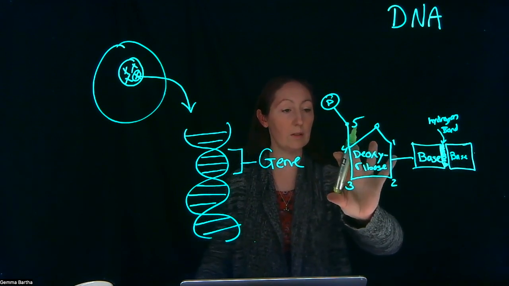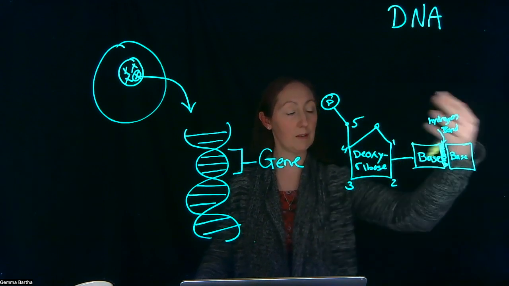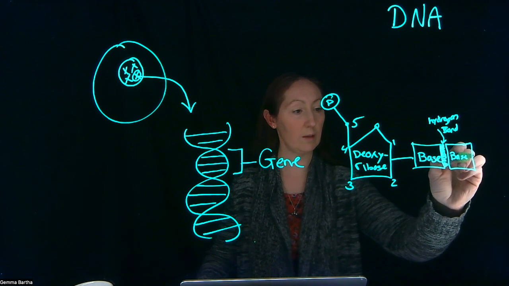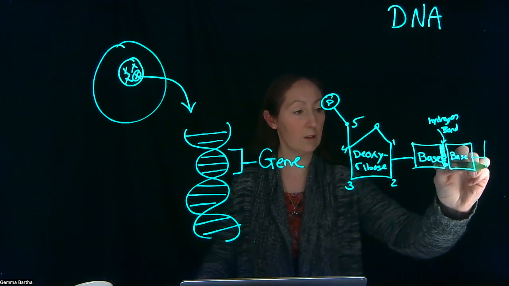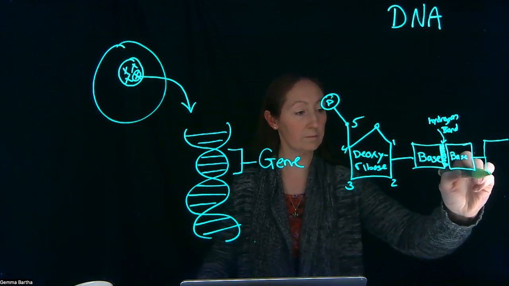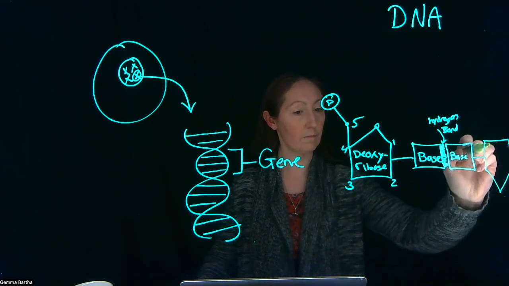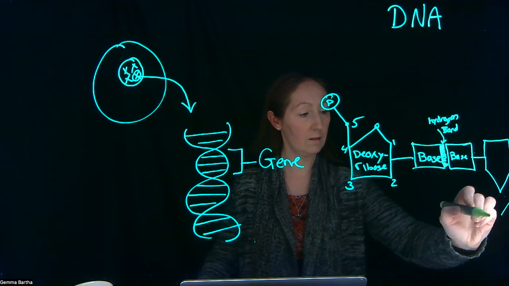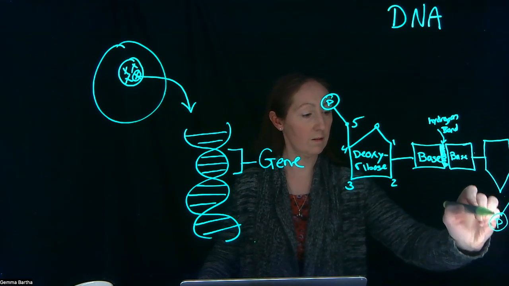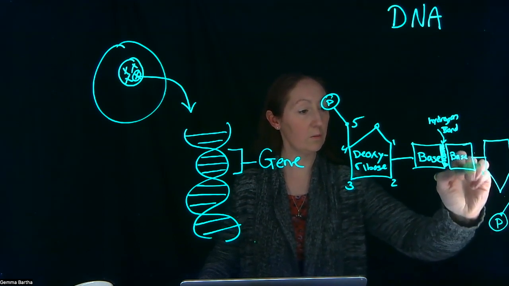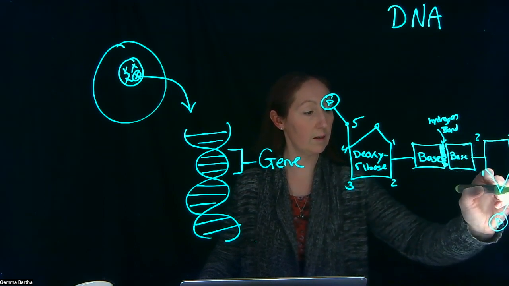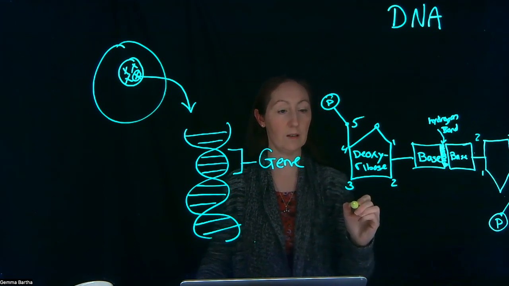So this is going to look the same thing, but flipped and reversed. So if we go here, and then we're going to draw our sugar. Okay. And so it's going to look like this. 1, 2, 3, 4, 5.